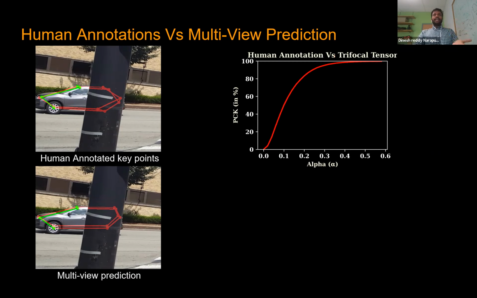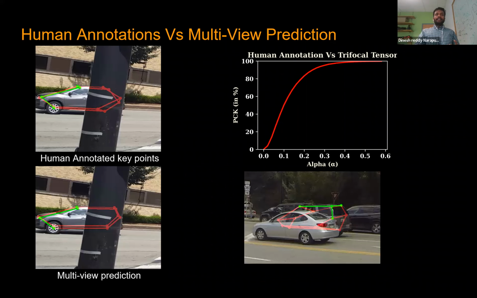You observe that human annotators generally annotate with about 0.2% accuracy error, and we show an example of a very badly human annotated example as well. Most of these points lie within 0.3, but it's a nice analysis we did just to show that multi-view supervision is better, and we can evaluate how good human annotators are using geometric constraints.